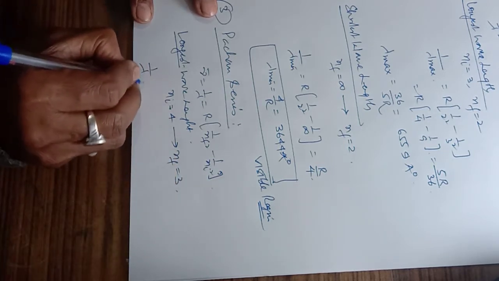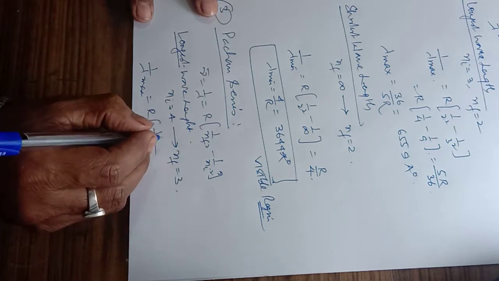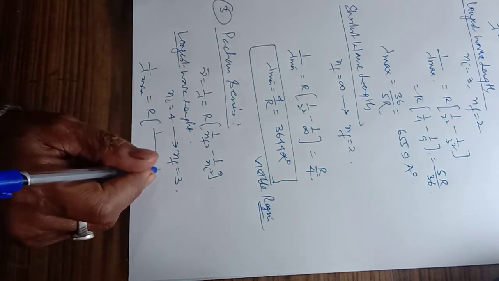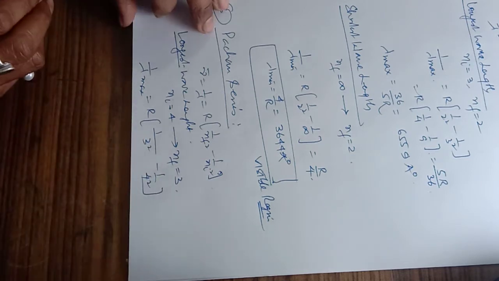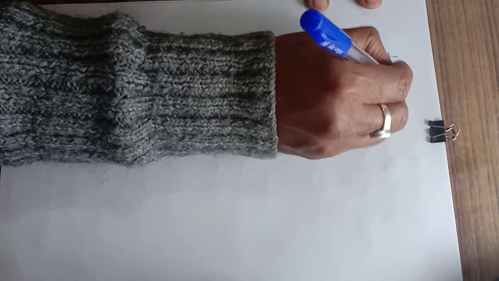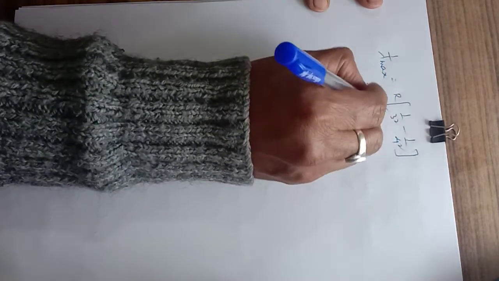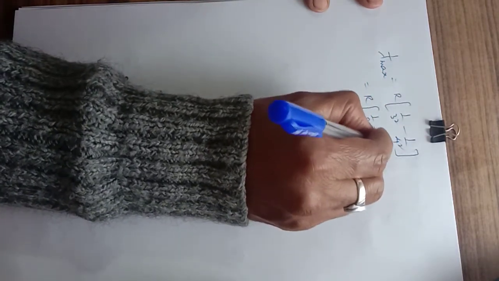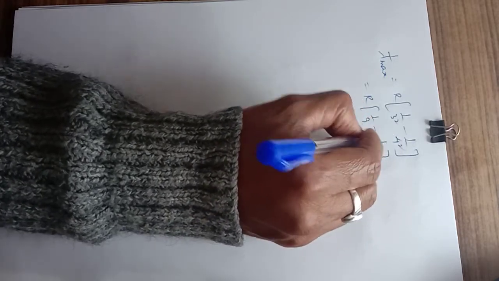So 1/λ maximum is equal to R(1/3² − 1/4²), that is R(1/9 − 1/16).